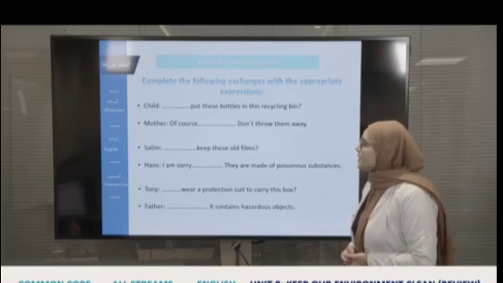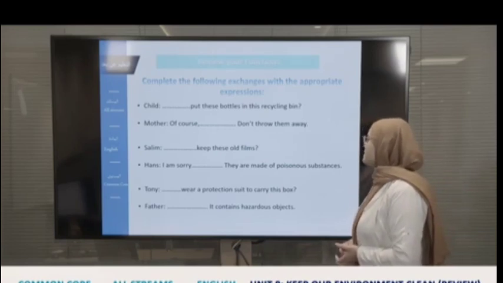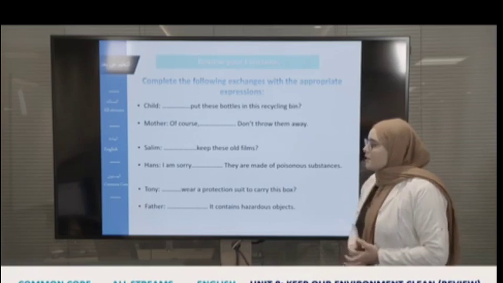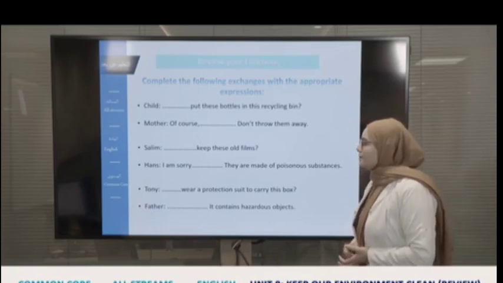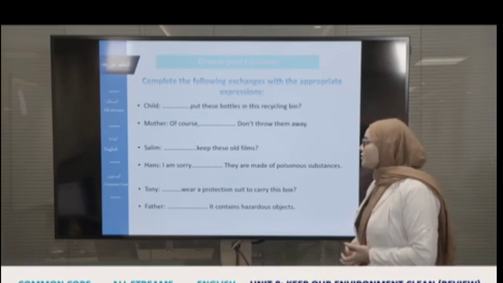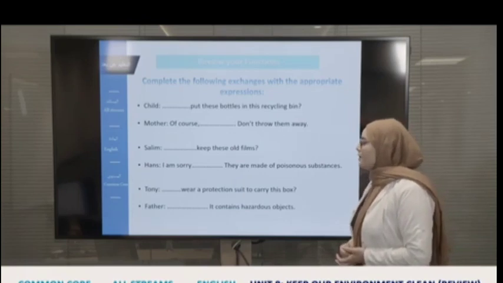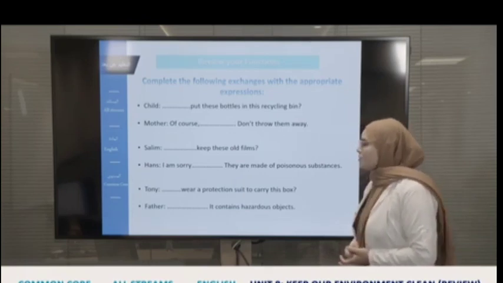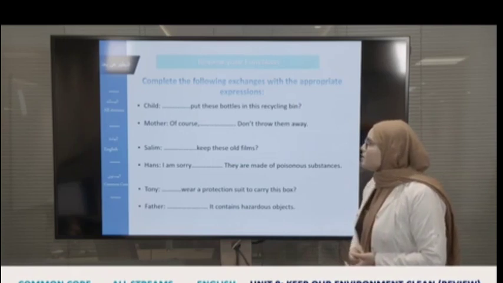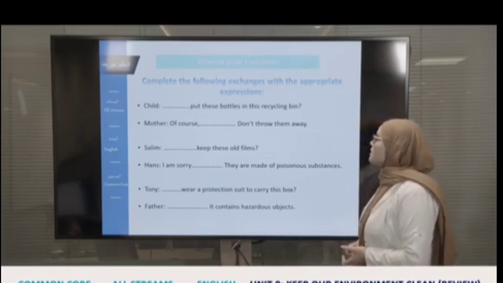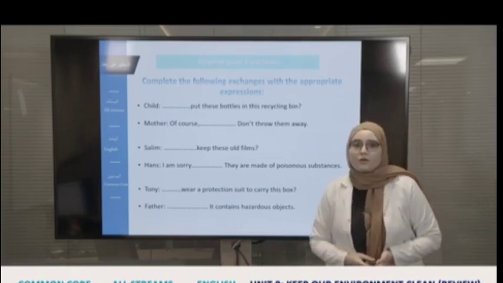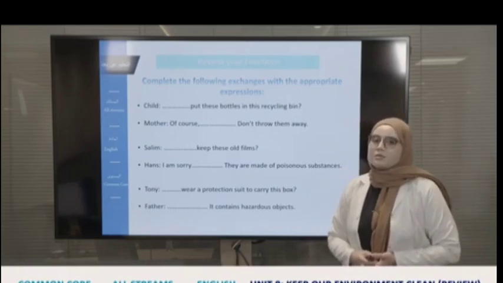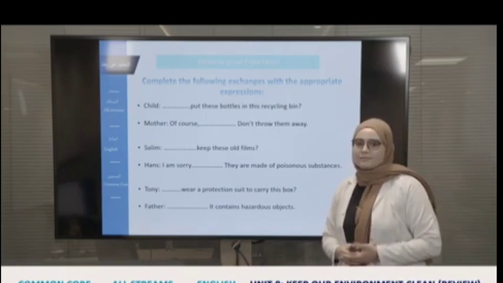Hans: I'm sorry, they are made of poisonous substances. Exchange number 3, Tony: wear a protection suit to carry this box. Father: it contains hazardous objects. Take some time to do this exercise.